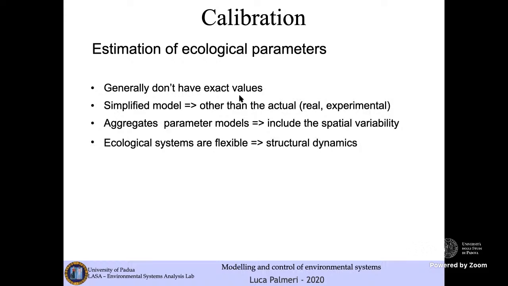So if the system I want to describe may be differentiated in space, when you use an aggregated parameters modeling approach, then you are including all the variability due to the spatial heterogeneity of a single parameter into one single parameter, and this entails the fact that the parameters are not always representing real conditions.